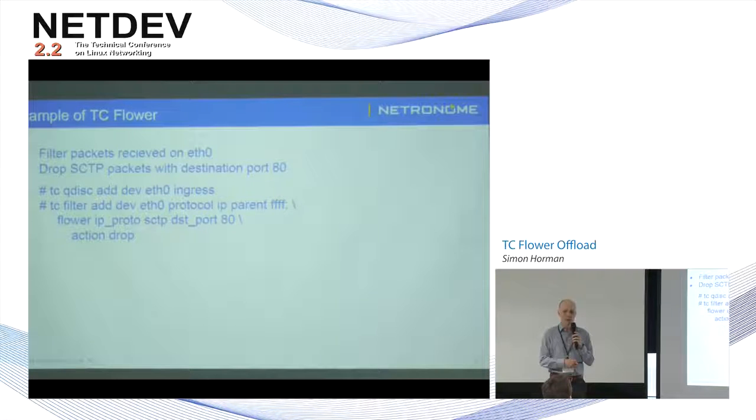It's going to be IP protocol. The parent is the root, so it's the topmost node. And then here we are getting into Flower land. We're going to use the Flower classifier to deal with this packet that we've selected. We already know that it's IP, but we want the IP protocol to be SCTP, and then the destination port to be port 80. And if those conditions are true, then we drop the packet.